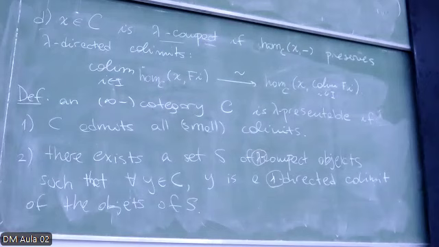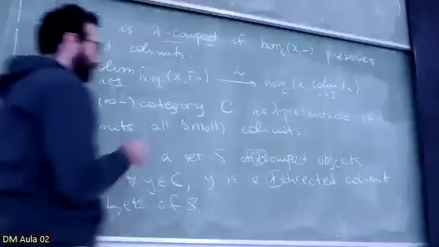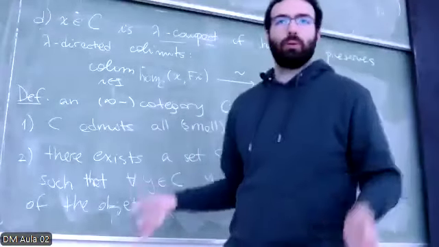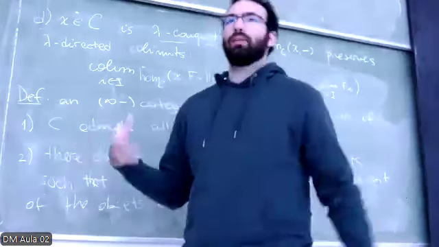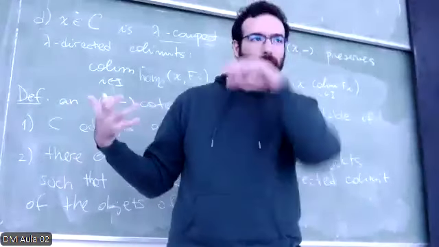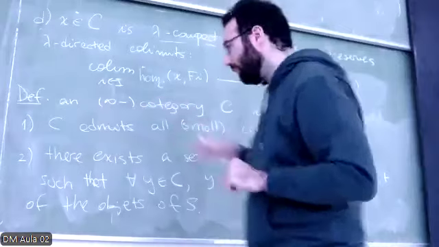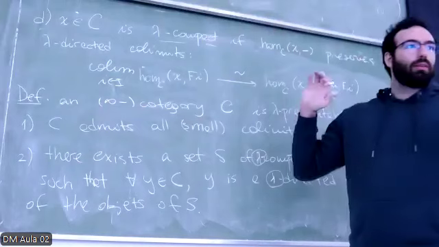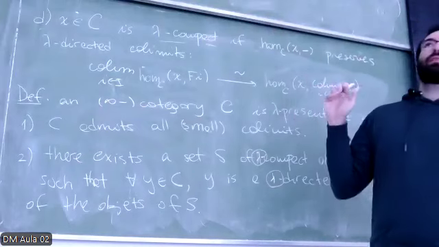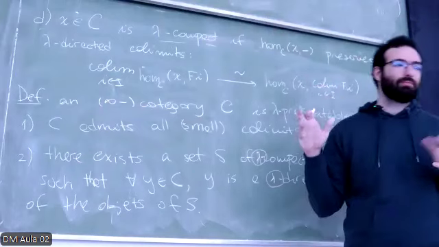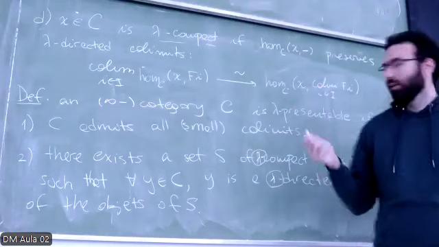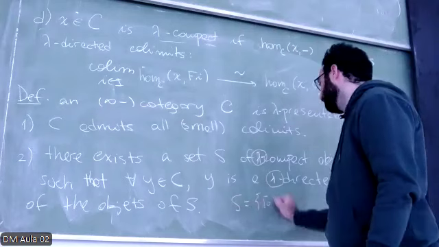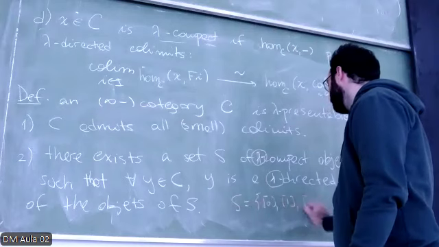And maybe just one caveat before we move on. For sets, you can take the collection of all finite sets, and from those, you get any other. But that's not a set, in principle. Or at least, if you take the set of all finite sets, it's not a set. But what you can do is take S, one representative for each cardinality.